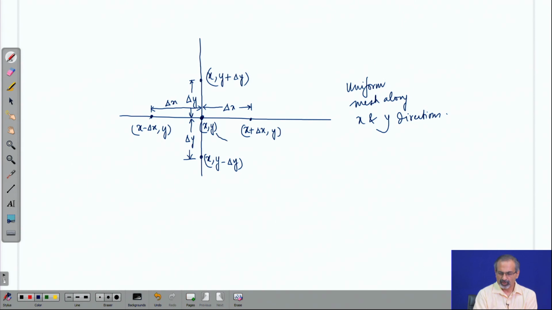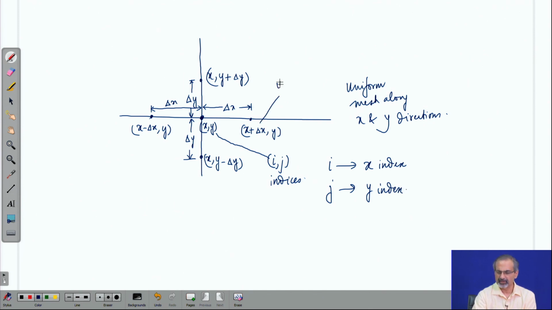You can also call this point as i j in the form of indices. So, i gives you the x index, j gives you the y index of that point, which obviously means that this neighbor will have an index i plus 1 j, while this would have i minus 1 j, while as you move in the y direction, the i does not change, the j changes.